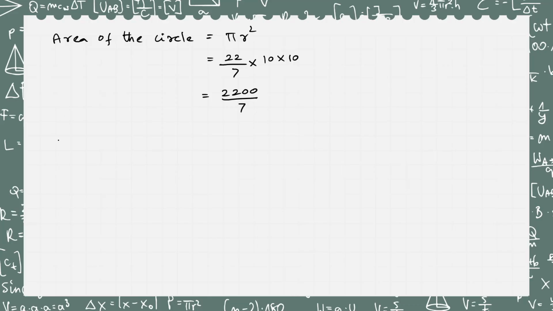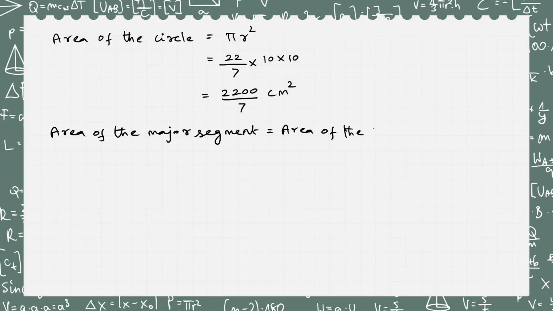Now let us find the area of the major segment. So area of the major segment equals area of the circle minus area of the minor segment.